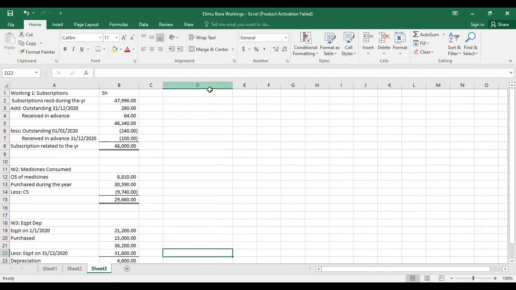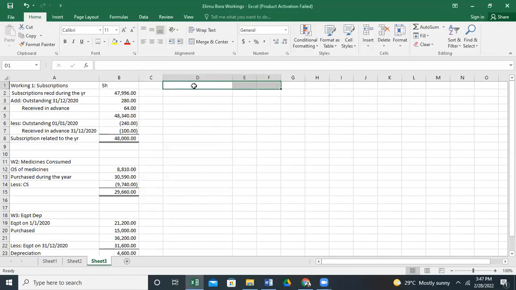So let's use this side for purposes of transferring this. Can use three columns. So this is my income and expenditure statement.